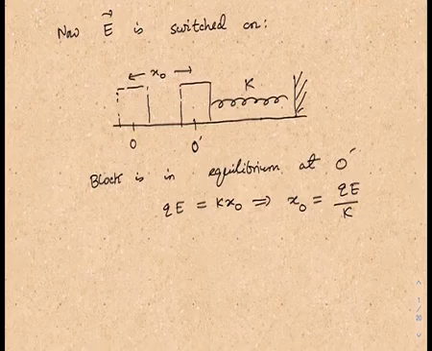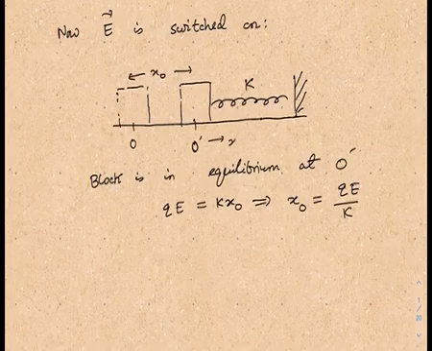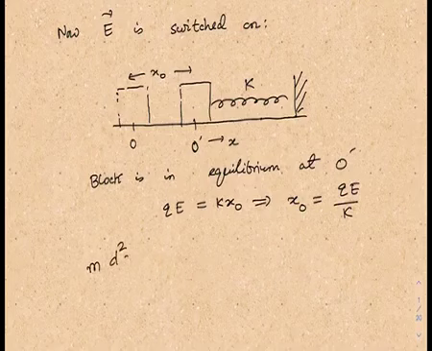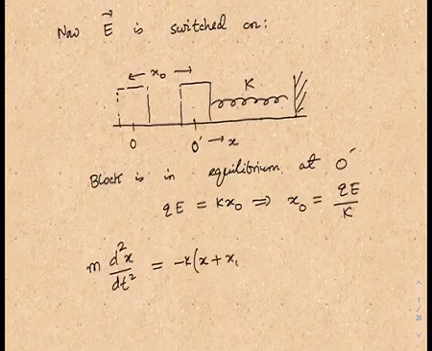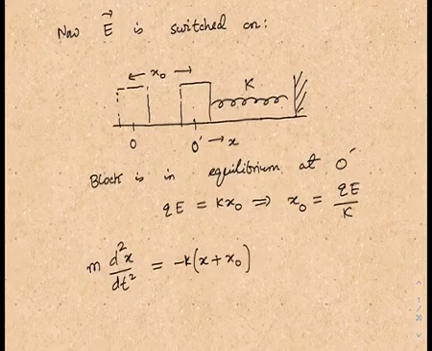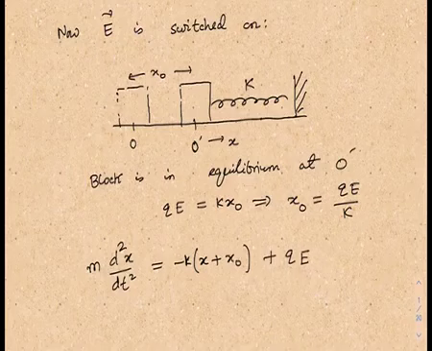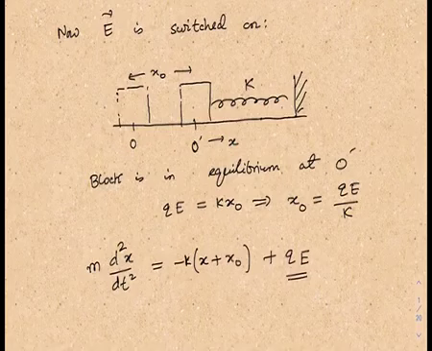Now let us say this block is shifted by an amount x from its new mean position O dash, then the equation of motion would be: m d2x by dt2 equals minus k into x, because it is shifted from the mean position by amount x, so this would be the spring force, and there is an external electrostatic force, it would be qE, and you already know that qE is equal to kx0.